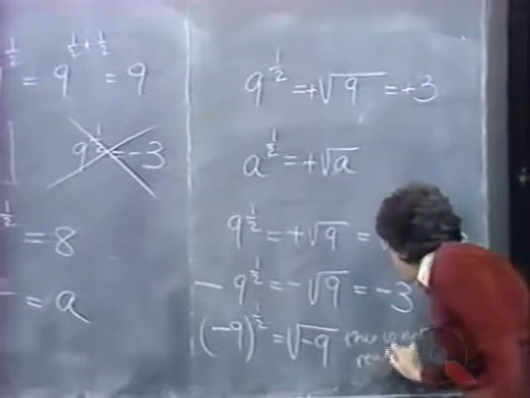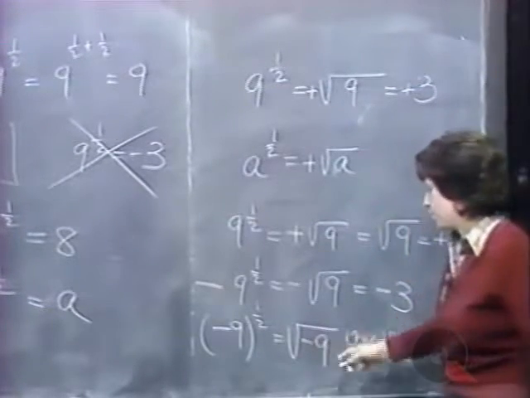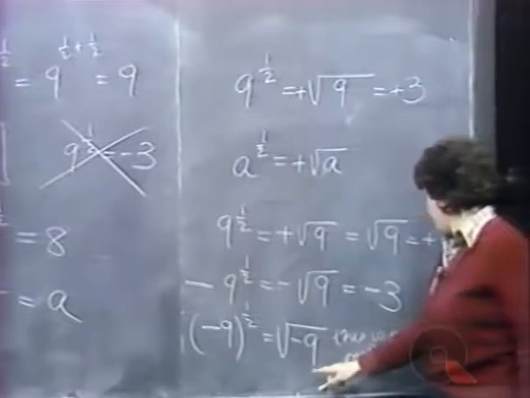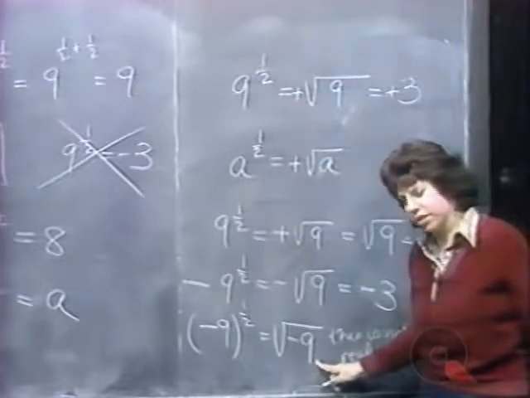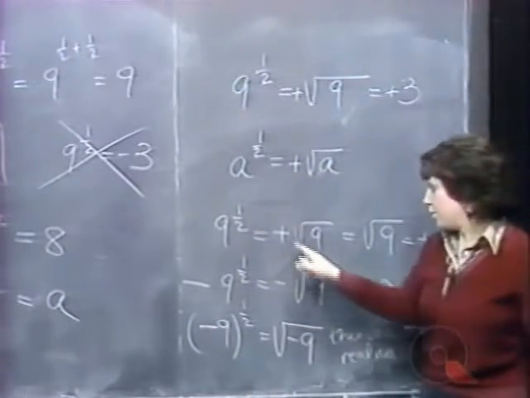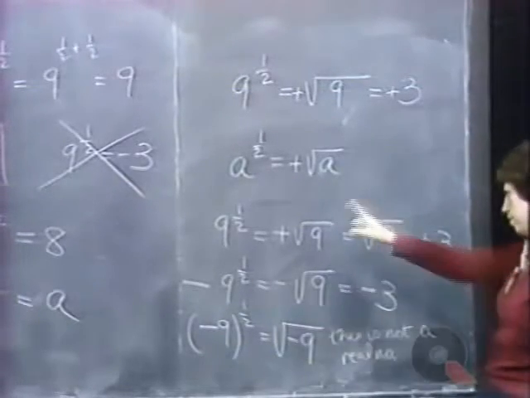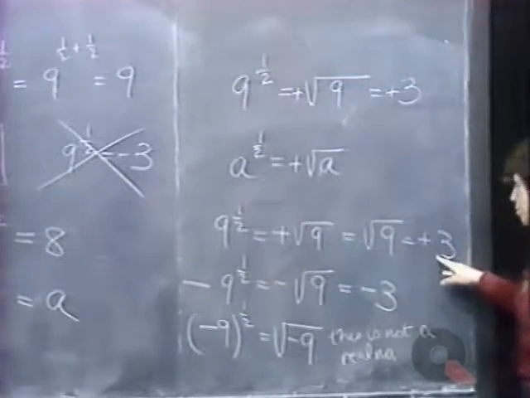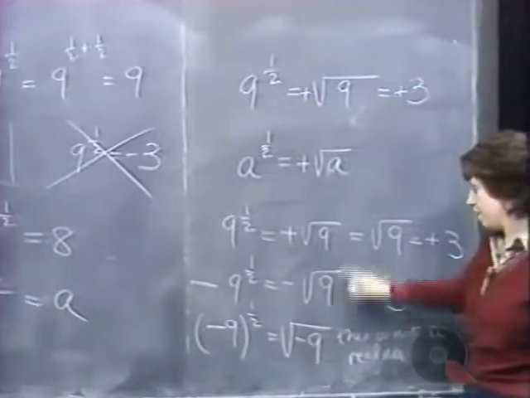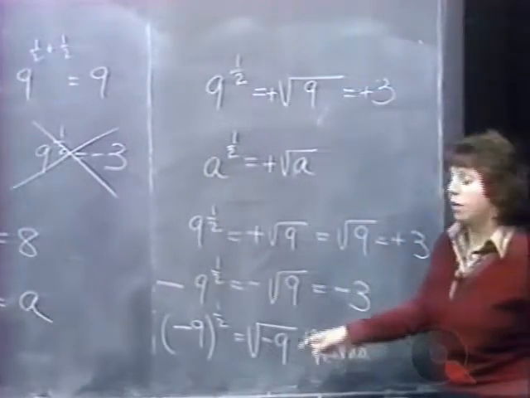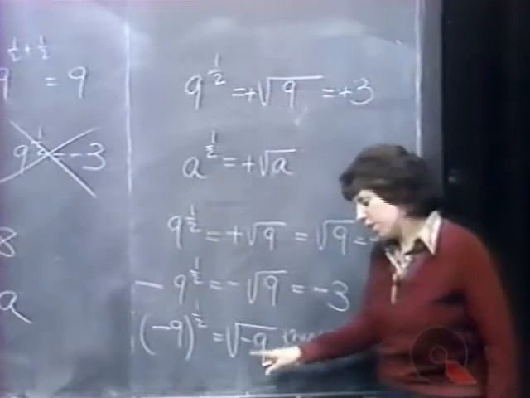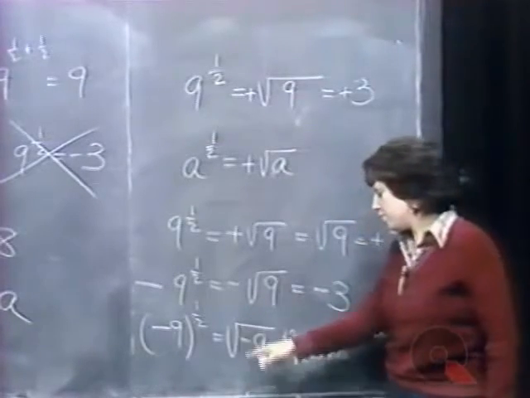There is no real number that satisfies this condition, that when multiplied by itself gives us minus 9. Remember, the positive square root of 9 is the positive number which when multiplied by itself gives us 9. Here we'd want a number which when multiplied by itself gives us minus 9, and there is no such real number.